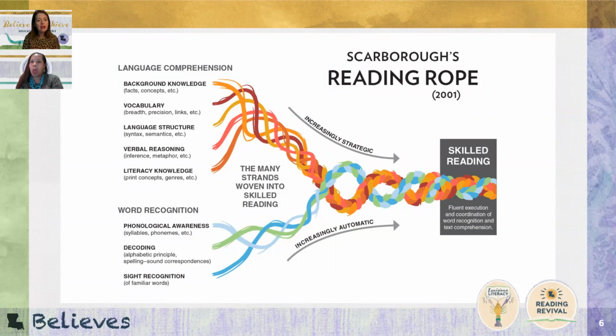So spend that time on these word recognition strands, because that's going to support their ability to encode words with automaticity. And be aware of where they're at in that process, because that's going to give you the information that you need to know if you're ready to move into having students communicate their thoughts in writing.